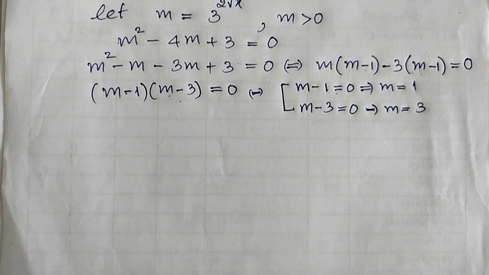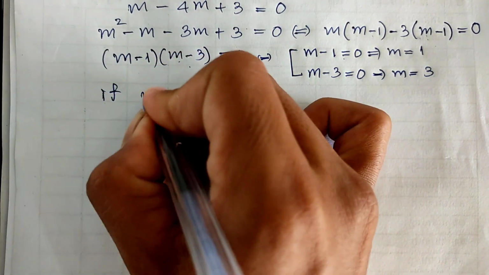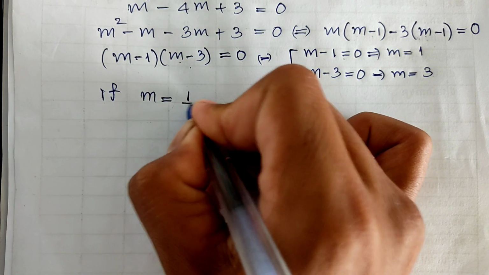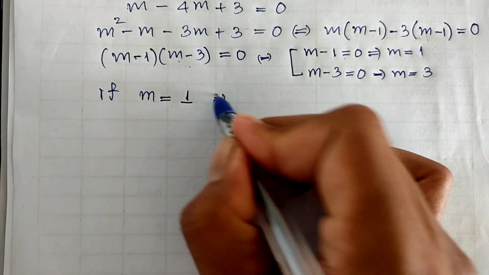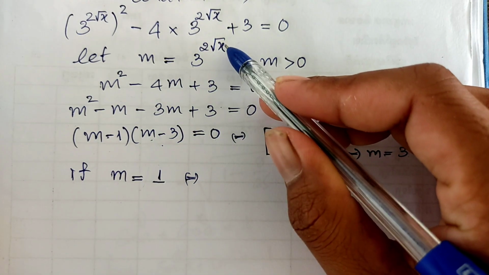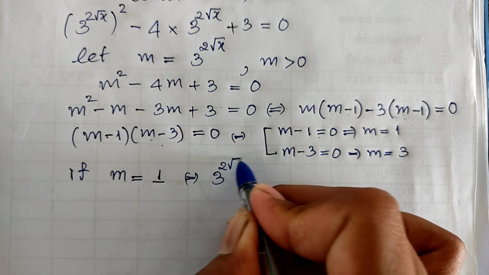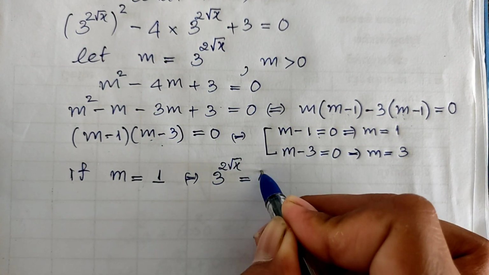Now if m is equal to 1, we get 3 power 2 square root h is equal to 1.